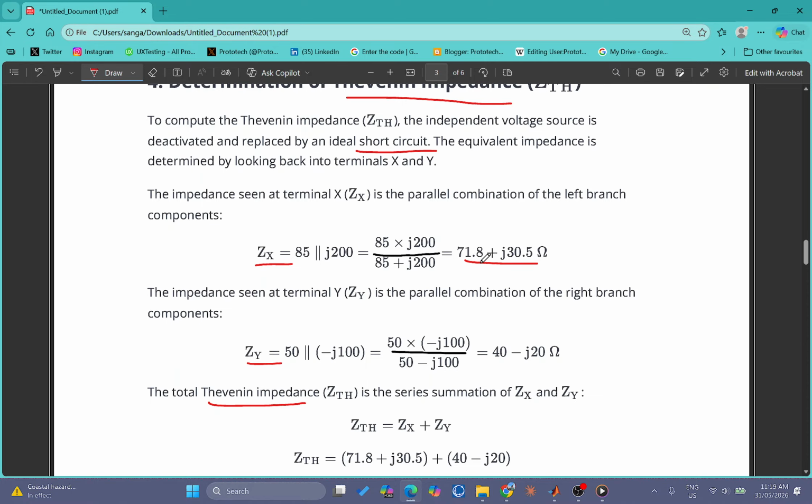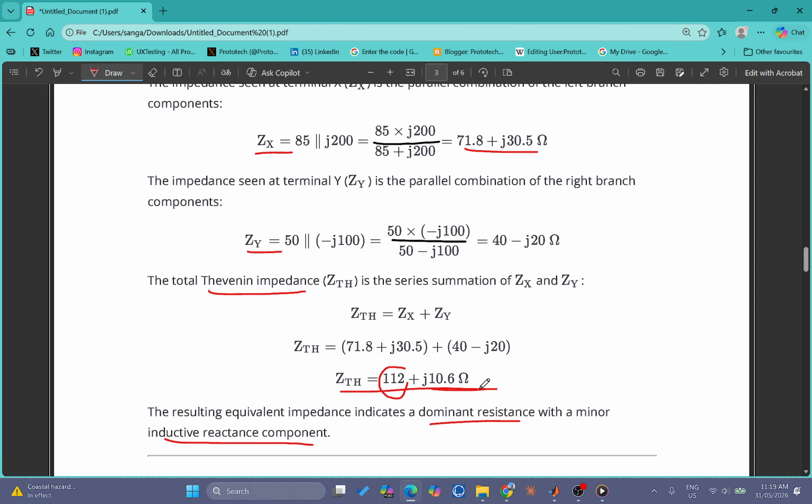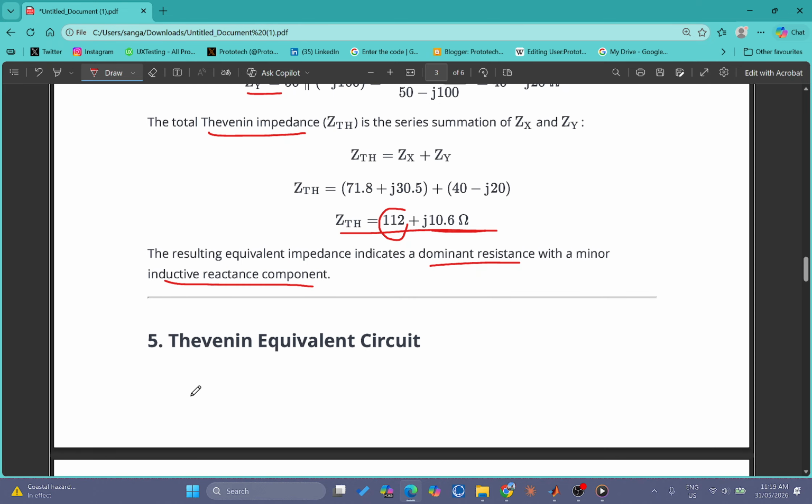Impedance at the X branch is 71.8 plus j30.5, and similarly here we add up to find the total Thevenin impedance ZTH, which is 112 plus j10.6 ohms. You can see that the circuit has a dominance of resistance with minor inductive reactance components.